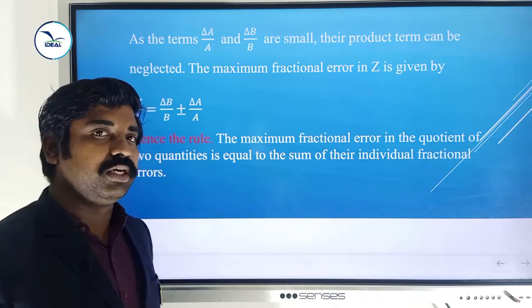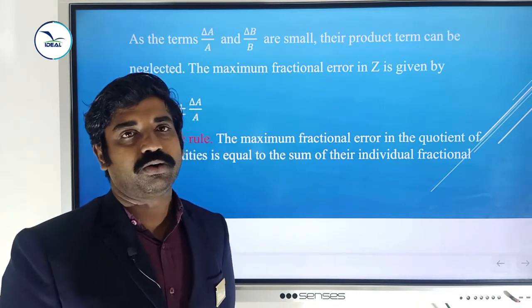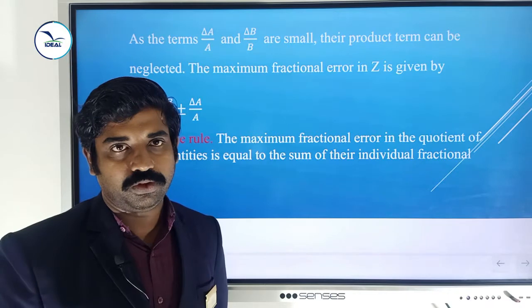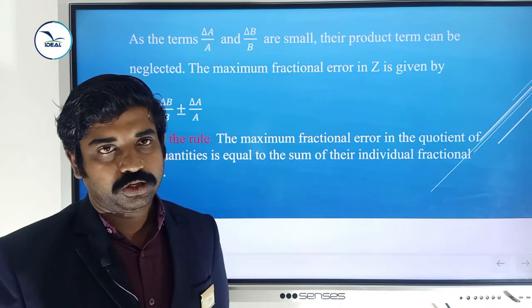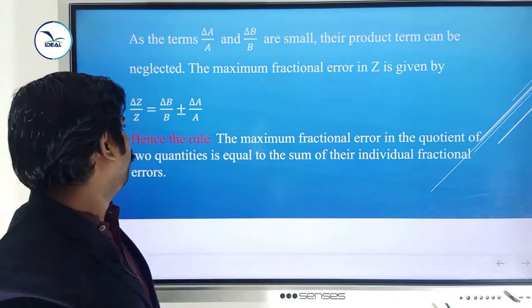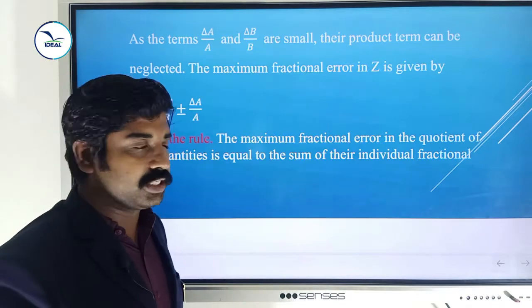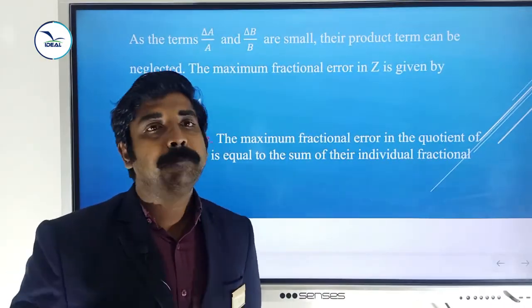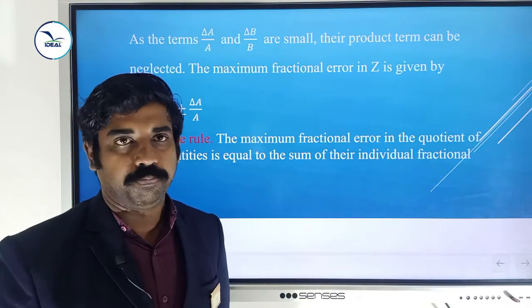Actually, there is no need of plus or minus. We are not taking that; we will take it as positive only. We will add, so in both cases we can just add that equation. So delta z by z is equal to delta a by a plus delta b by b.